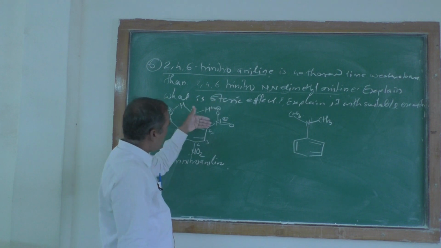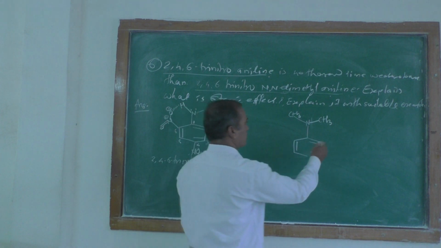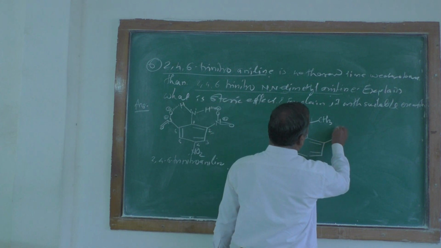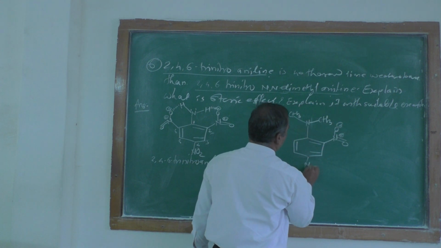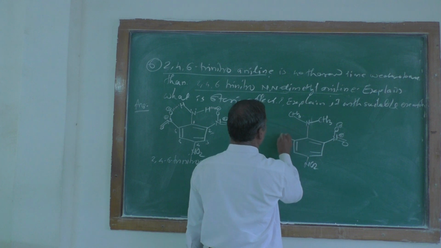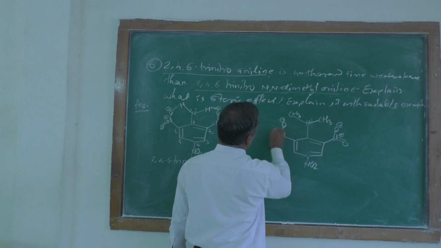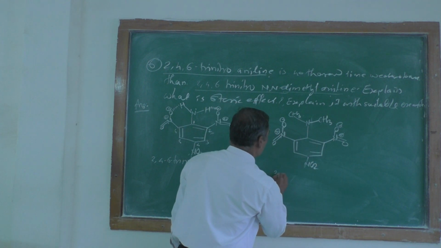And now the other 3 groups are present at these positions, so you can write here N with O minus, double bond O, positive charge over there, NO2 group, and then again N with O minus and double bond O, positive charge over there.